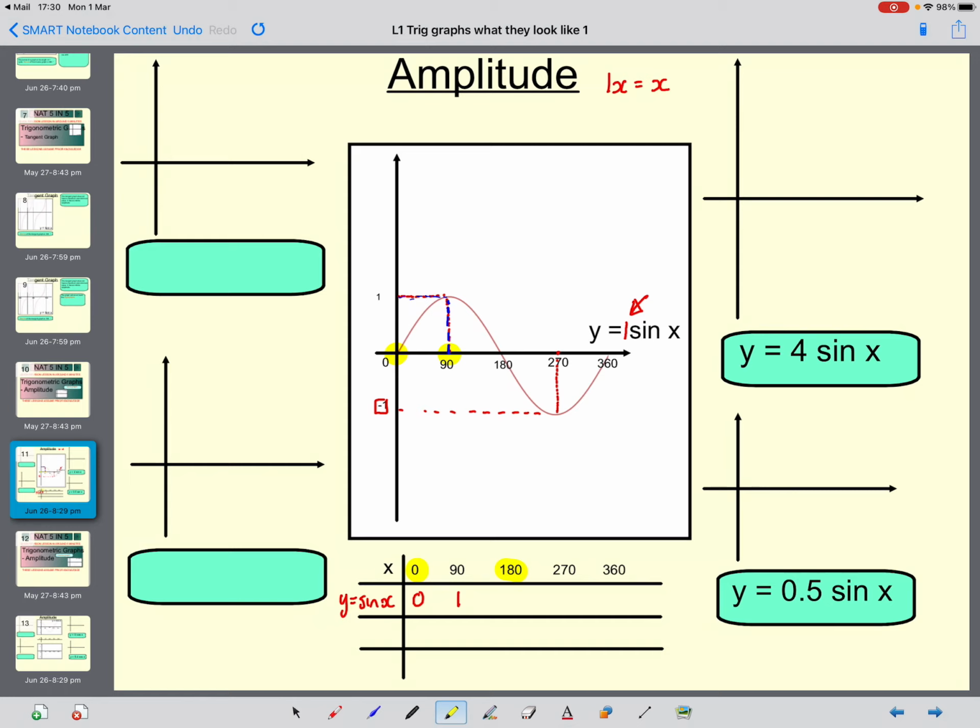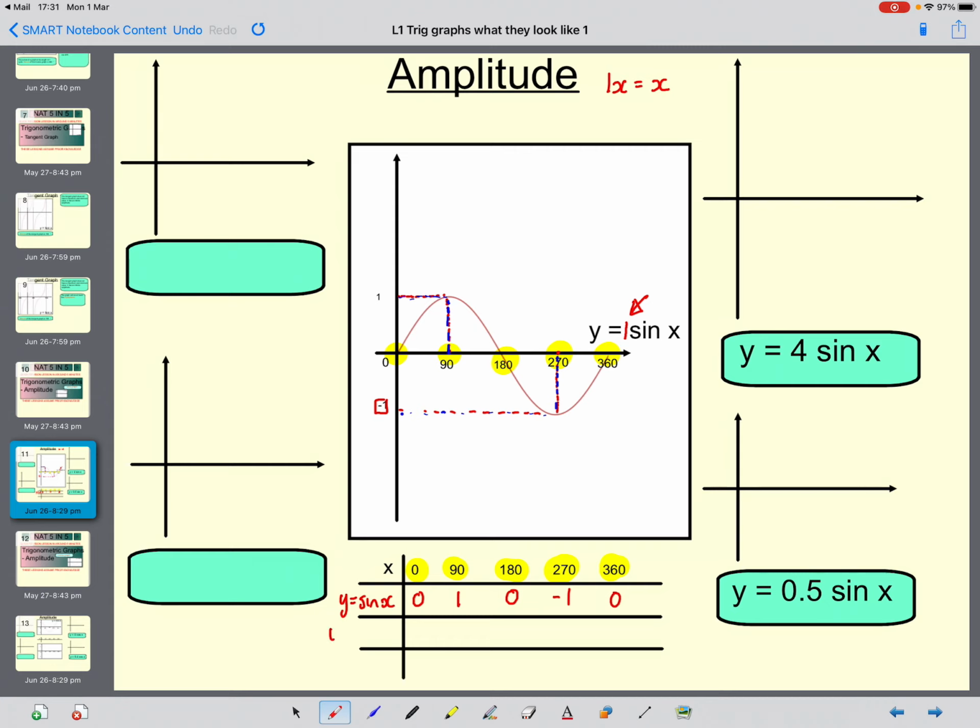When your x value is 180, your y value is 0. When your x value is 270, here's 270 here, again you can go down till you touch the graph and go along. Your y value is going to be -1. And then at 360, which is here, your y value is 0.